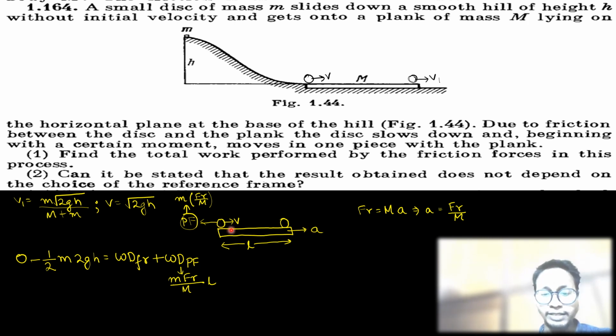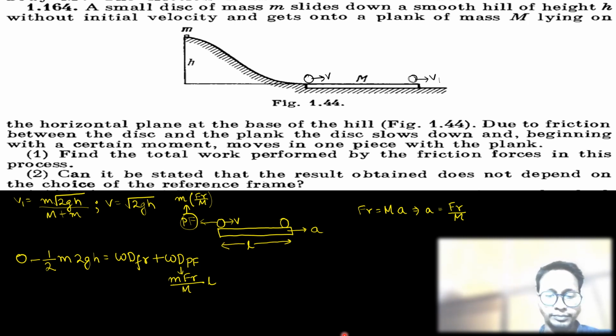The ball is exerting friction force on the slab in this direction. So friction force is equal to mass of the slab into acceleration of the slab. But acceleration of the slab is equal to friction force divided by M. So therefore pseudo force would be mass of the ball into acceleration of the slab. The work done by pseudo force would be pseudo force into length traveled before stopping, which is equal to L.